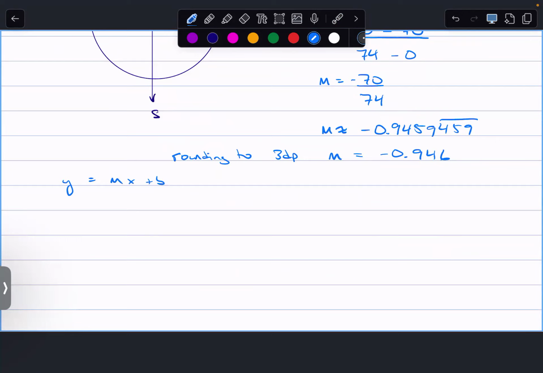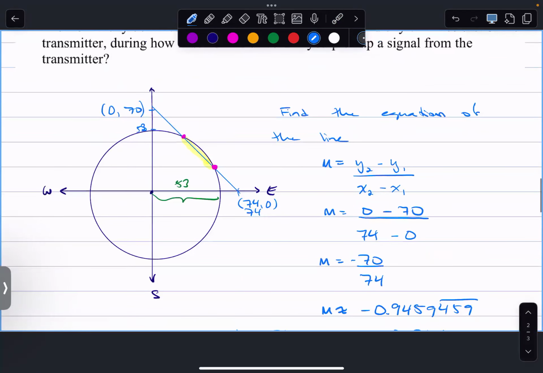Now I have the slope m, and I have 2 points to choose from, 74, 0 and 0, 70. Whichever one you want to choose, they're both on the line. We're forcing them to be on the line. So it doesn't matter, but let's use 0, 70.